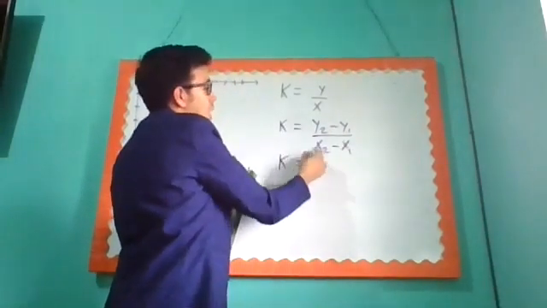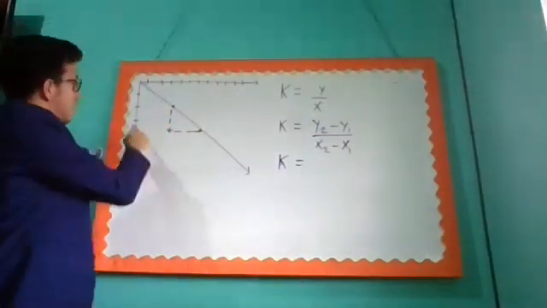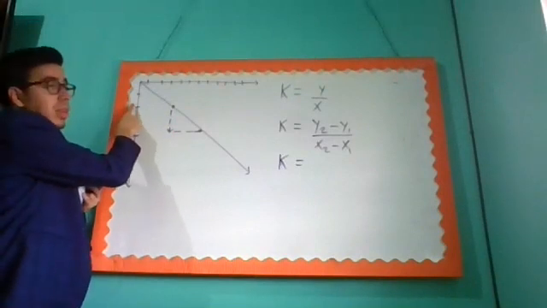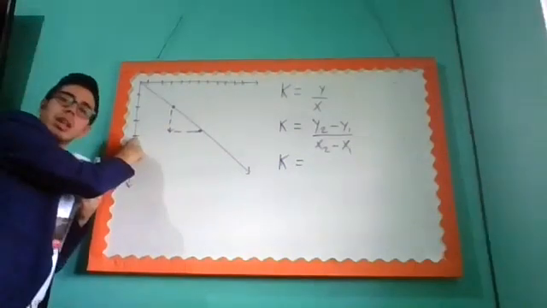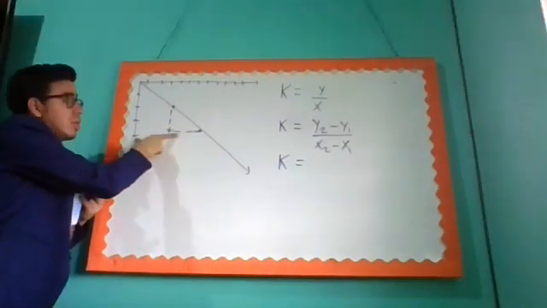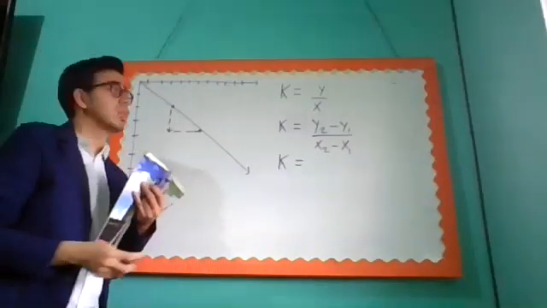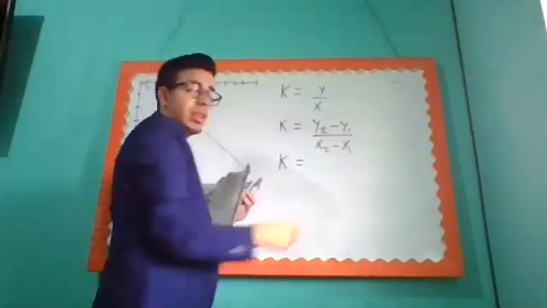What happened with the 2 and 1? It's only to show the position. If this is the first value for Y, this is Y1. This is the final value for the Y you are using, so they use Y2. This is only to show the position. This is the 2, this is the last one, and this is the first.